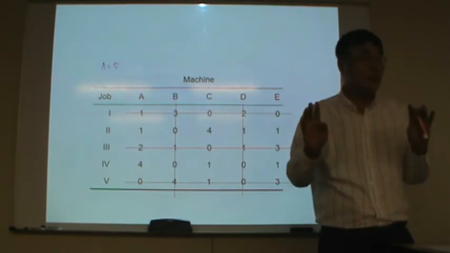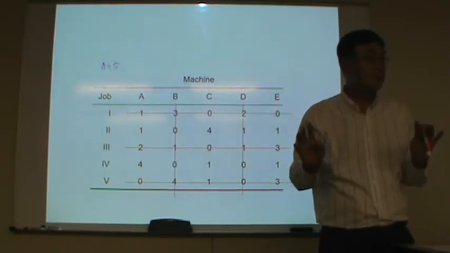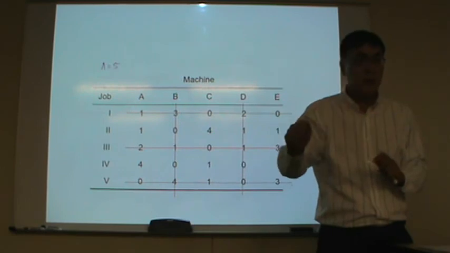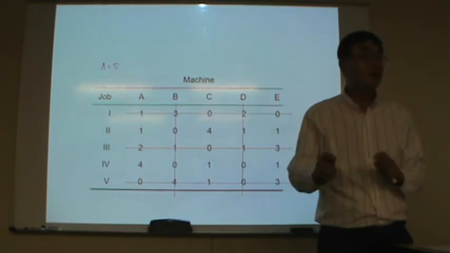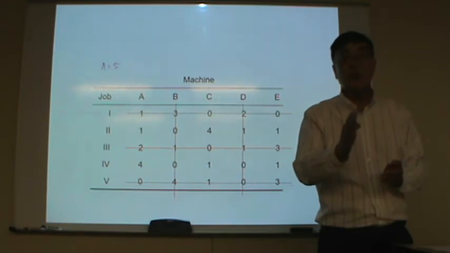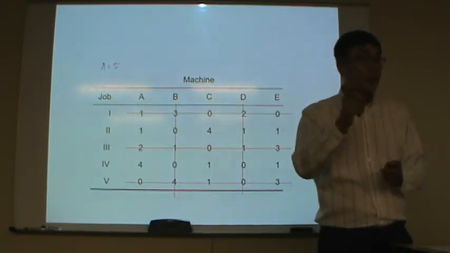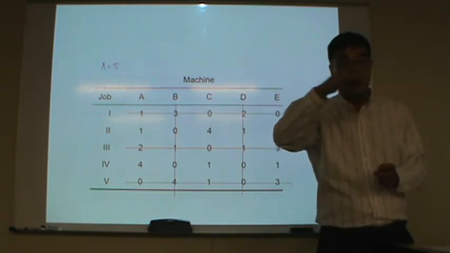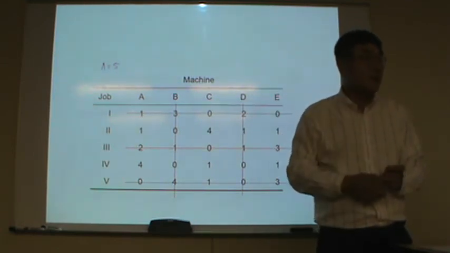Then you will not be confused. If you just cover randomly, maybe you're stuck. So keep in mind, 2 or more 0s, column or row, cover first, okay?